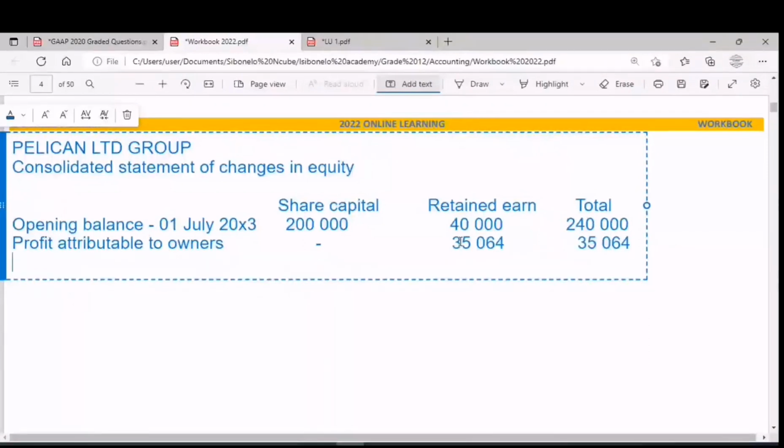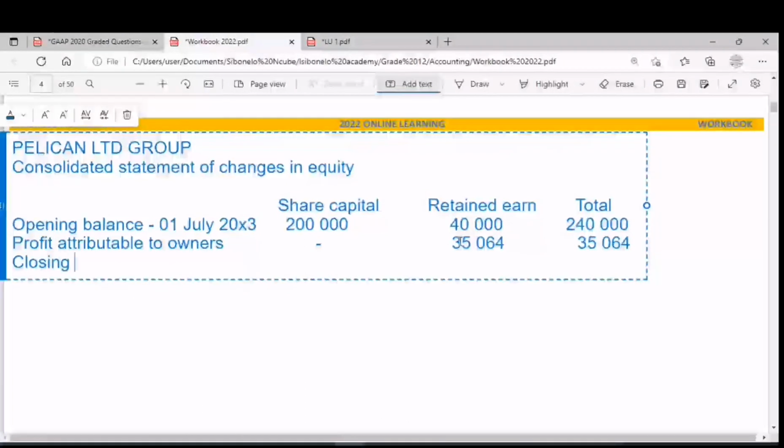Then the closing balance. After this comes dividends. If there is no dividend from the parent, we skip it. Do not forget that dividends paid reduce retained earnings, so in the statement of changes we show them as a minus under retained earnings. Here there is no dividend from the parent.